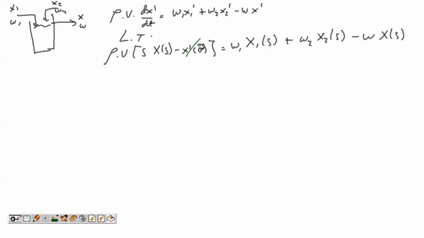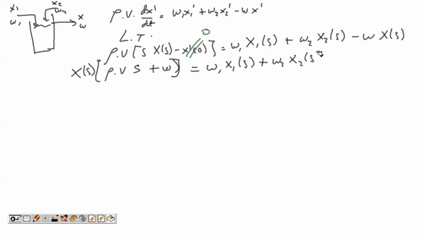For the steady state value, x prime at time 0 will be 0. Now if I group the X(s) here, (rho V s plus W) X(s) equals W1 X1(s) plus W2 X2(s).